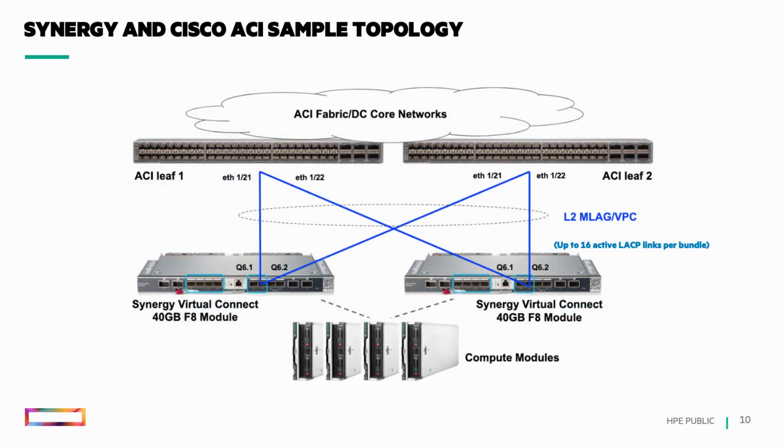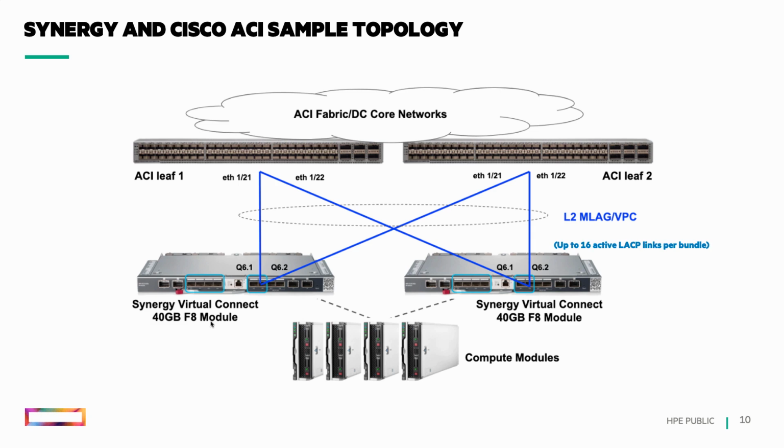And this is the Synergy and ACI typical topology. You can see on the ACI side, we have two leaves, and for Synergy Virtual Connect, we have two Virtual Connect modules across different frames. So this is more like a butterfly connection. In this topology, you can see in my lab I'm using Virtual Connect 40 gig.